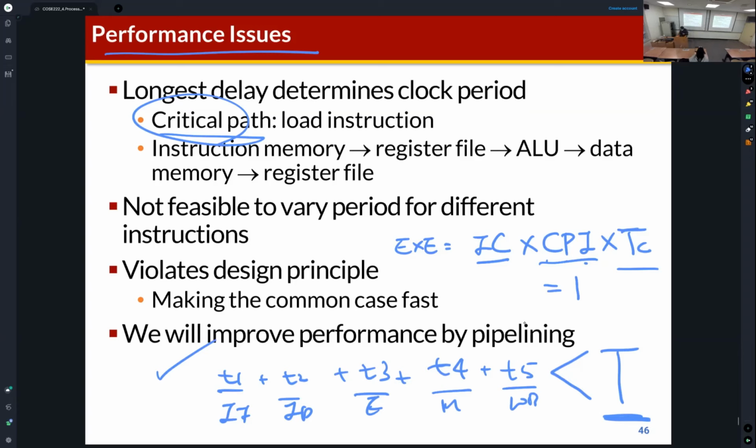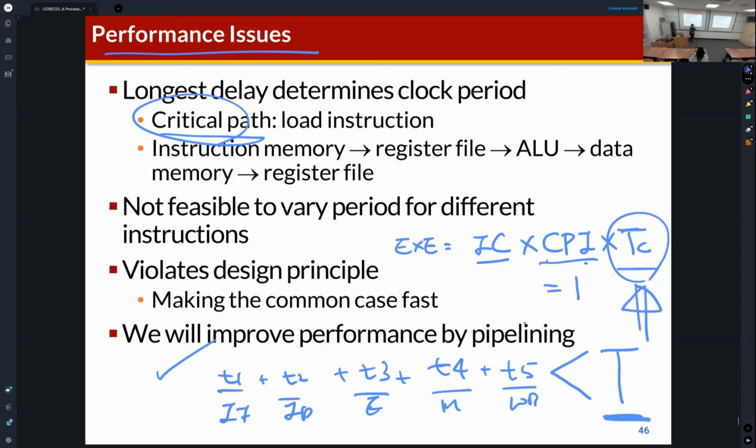So which means that the clock period is high, which means execution time is also determined by the clock period. And then if the clock period is high, performance will be low.